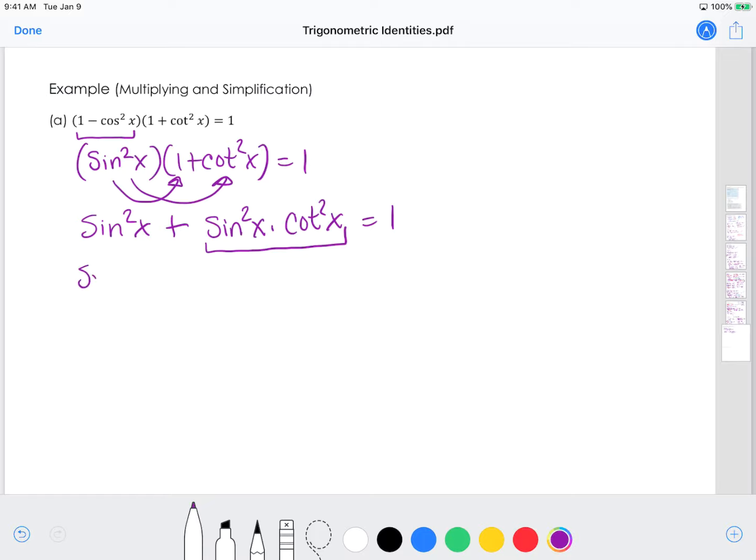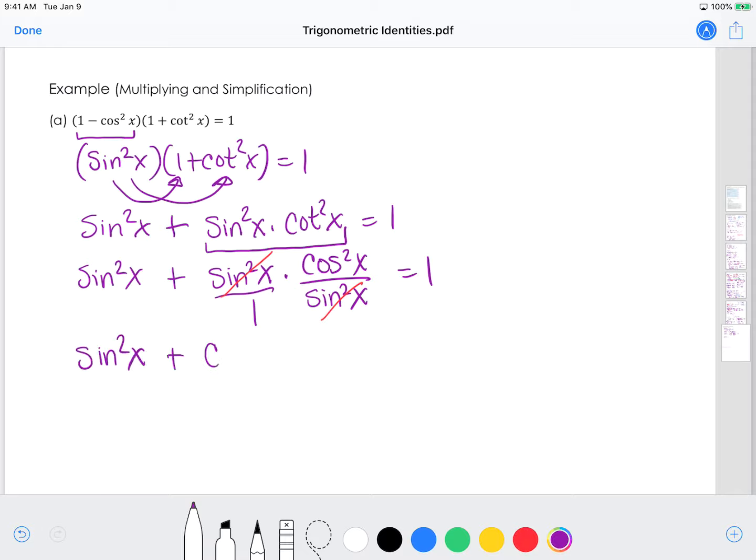Cotangent, if I rewrite this in terms of sine and cosine, cotangent squared is cosine squared over sine squared. So if you notice, when I multiply, I can get rid of the sine squared. So now I'm left with sine squared x plus cosine squared x, which is equal to 1. And we know this is one of our Pythagorean identities. Sine squared x plus cosine squared x is equal to 1. We just proved this identity and we're done.